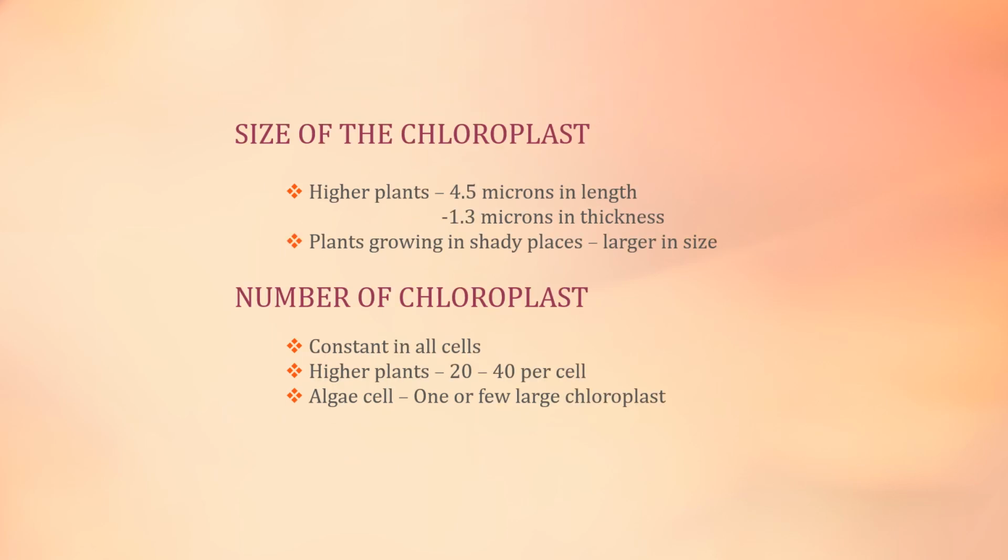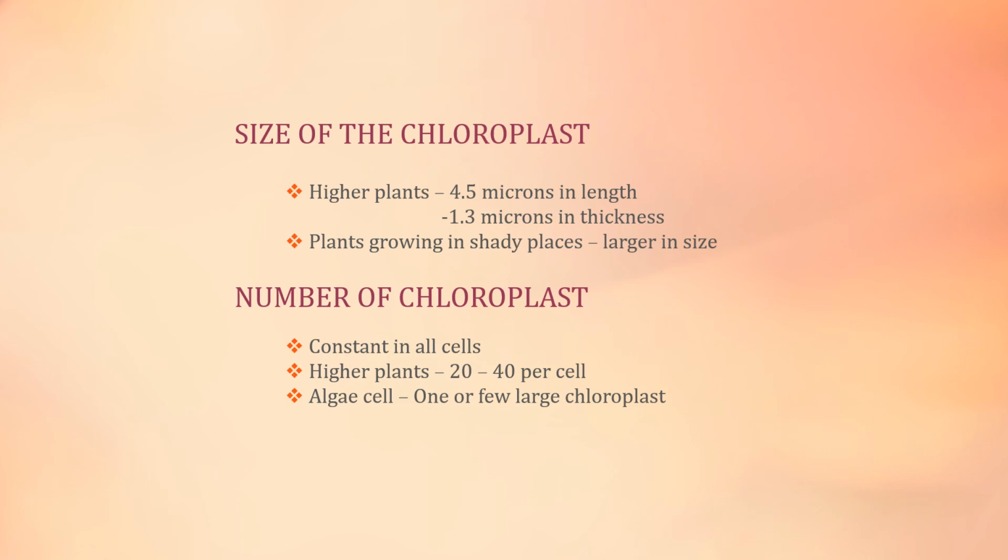Size of the chloroplast. The size of the chloroplast varies from species to species. In higher plants, it is 4 to 5 microns in length and 1 to 3 microns in thickness. Generally, the chloroplasts of plants growing in shady places are larger in size.